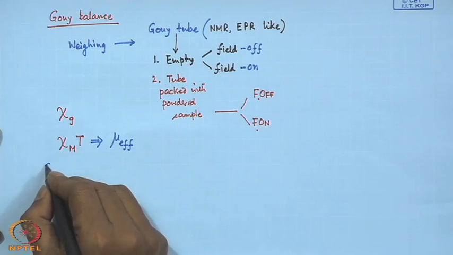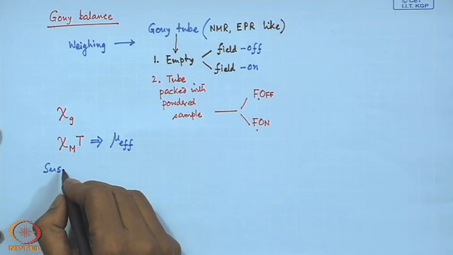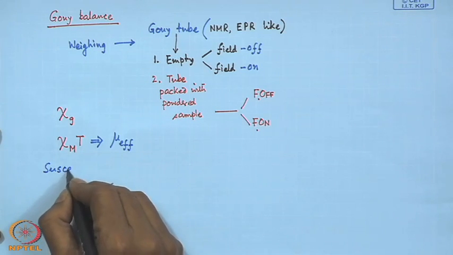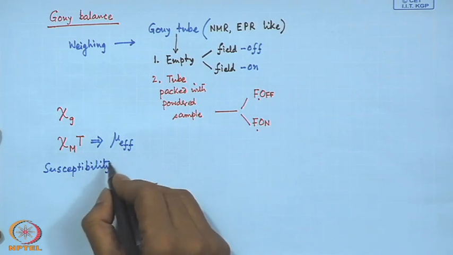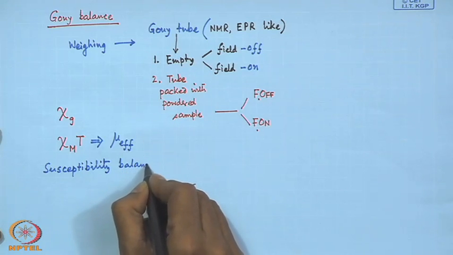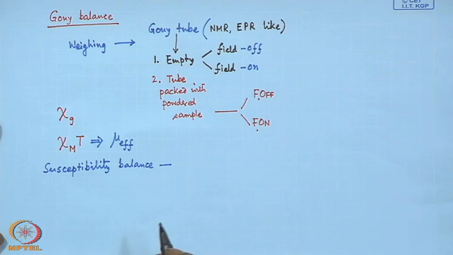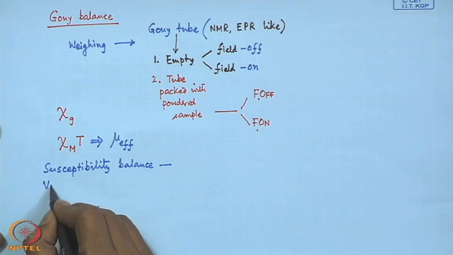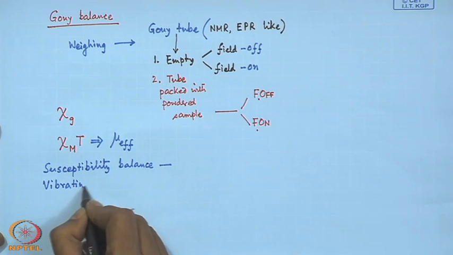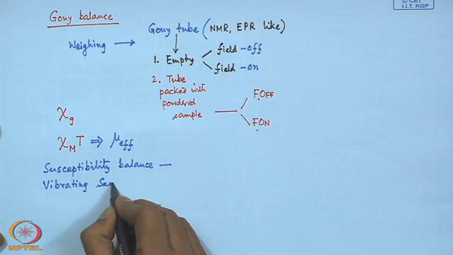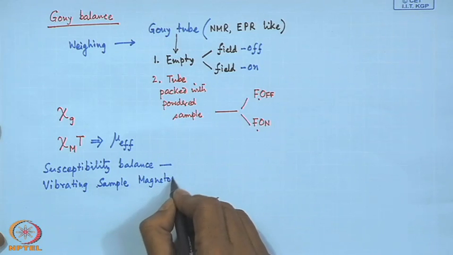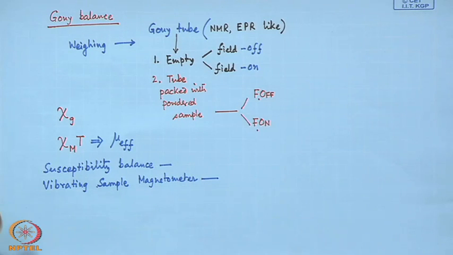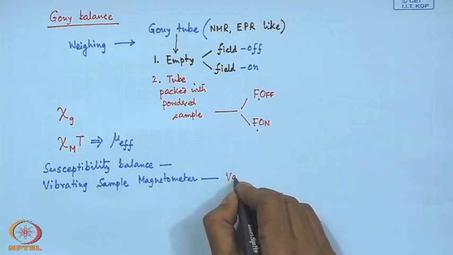Then we have the susceptibility balance, a little bit sophisticated compared to the Gouy balance. Then we can have the vibrating sample magnetometer, which is also useful, and it is also useful for variable temperature measurements.